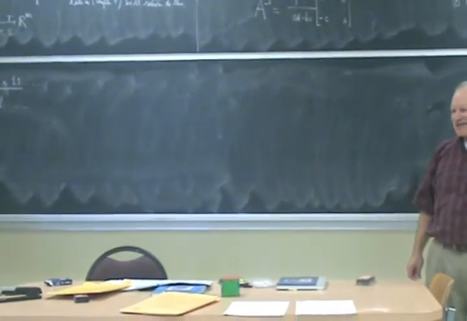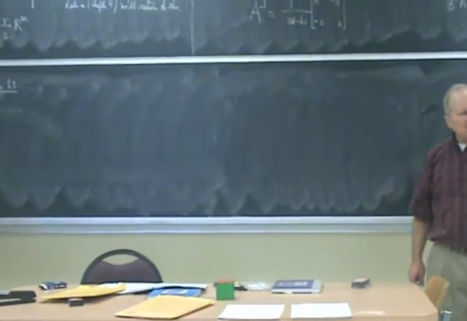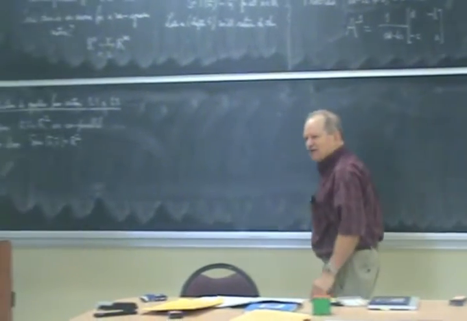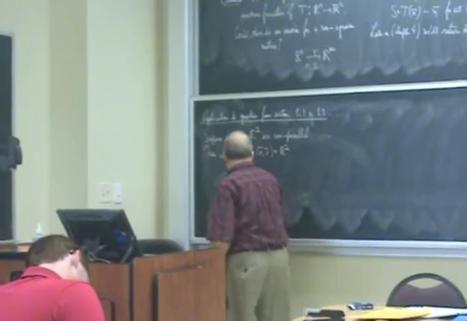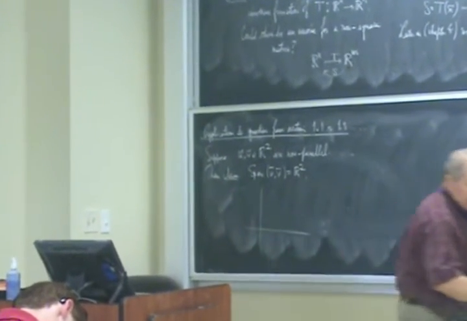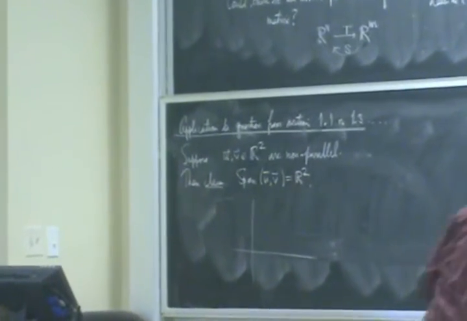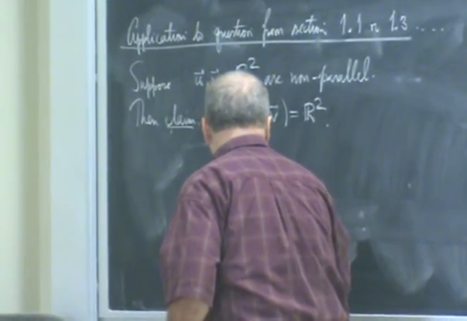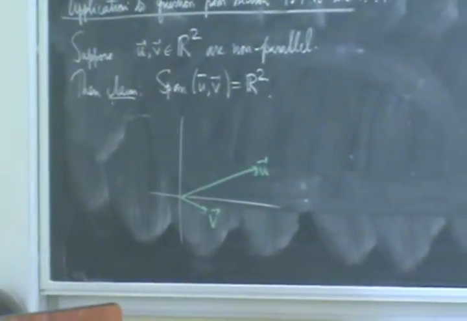Standard basis vectors. But if I take two weirdo vectors, maybe it's not obvious that I can get every vector as a linear combination of them.